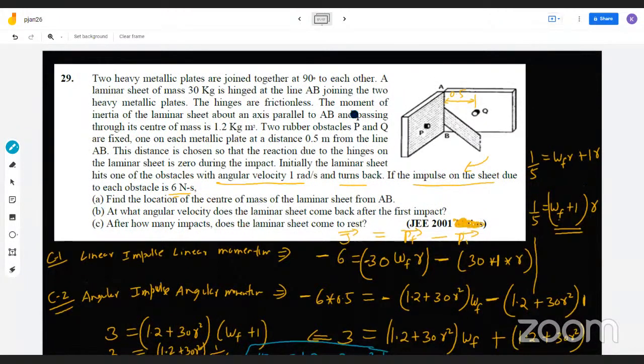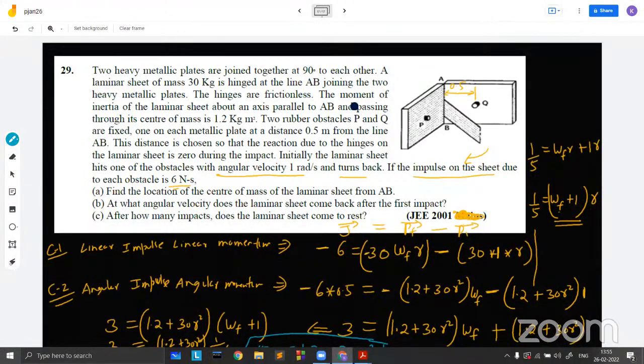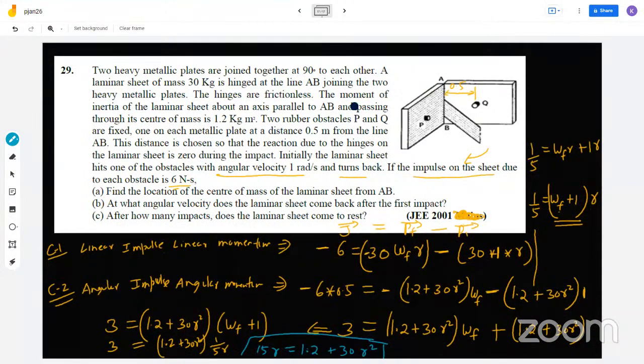Are both of them satisfying? Yes, 0.4 and 0.1 both are satisfying. The sum of roots also checks out. Okay, so 0.4 and 0.1 both are satisfying.